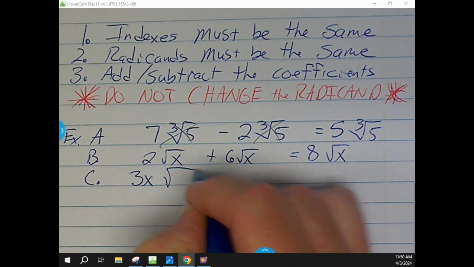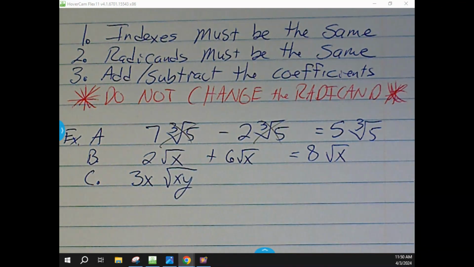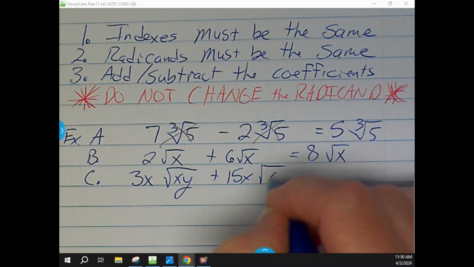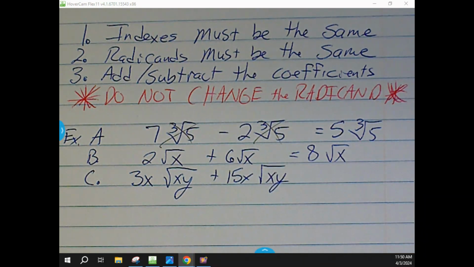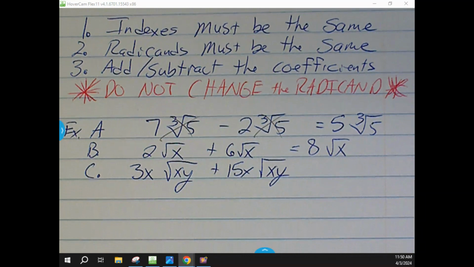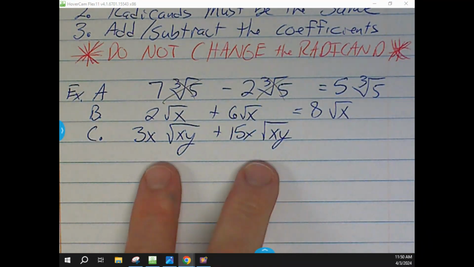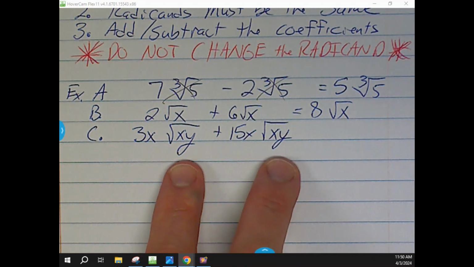Right. If it's 3x times the square root of xy plus 15x square root of xy. Okay. Both square roots, they're both xy, so everything's exactly the same.